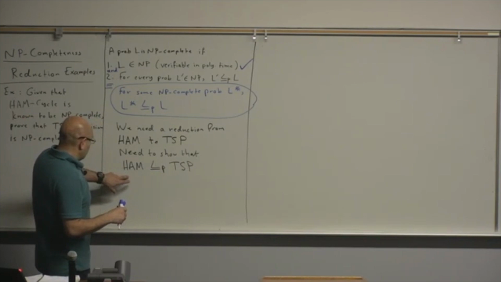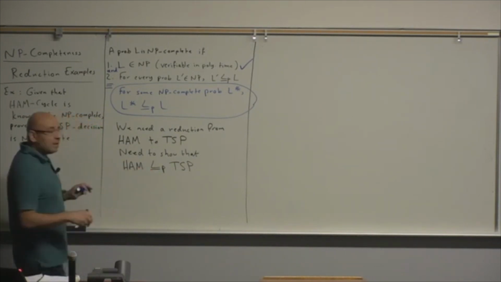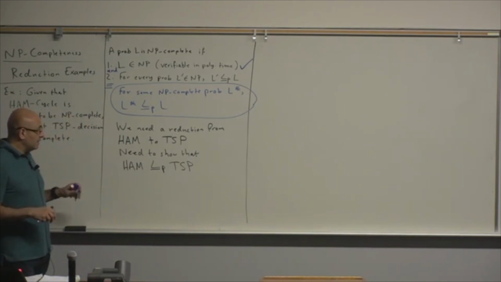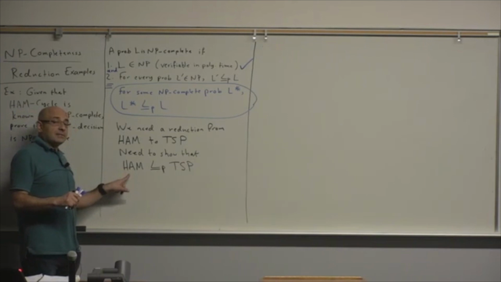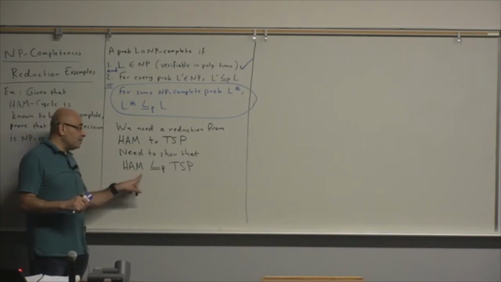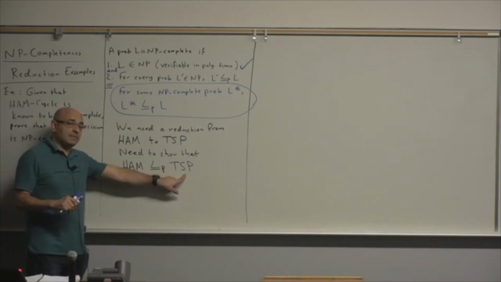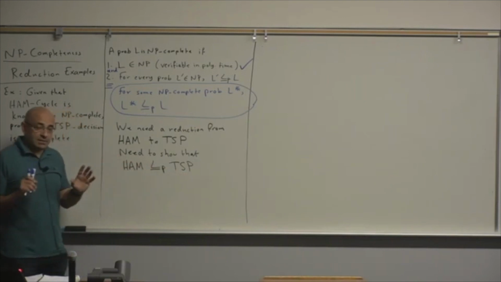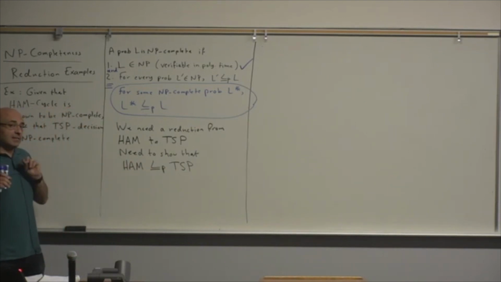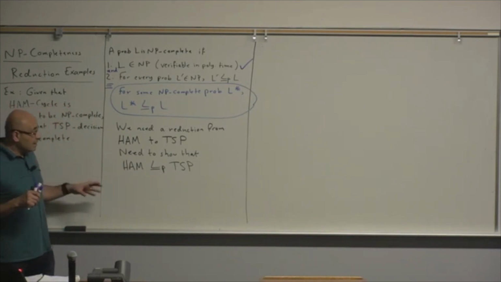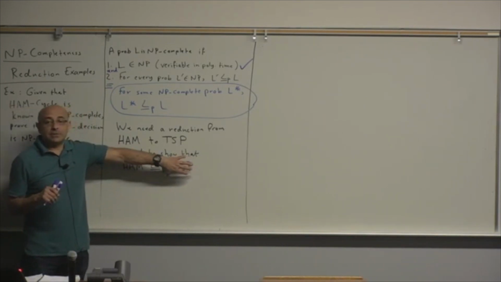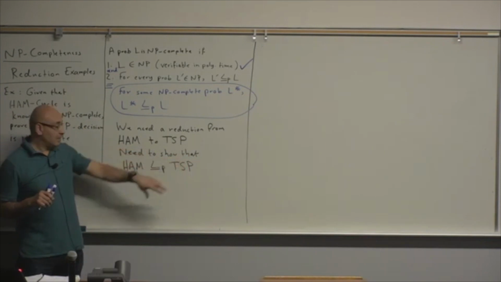So this is one way of looking at this. Another way of looking at this is that any instance of Ham cycle can be reduced to an instance of TSP. This is what a reduction means: given any instance of Ham cycle, you can reduce it to an instance of TSP, which means that if you have a solver for TSP, you can use it to solve Ham cycle.